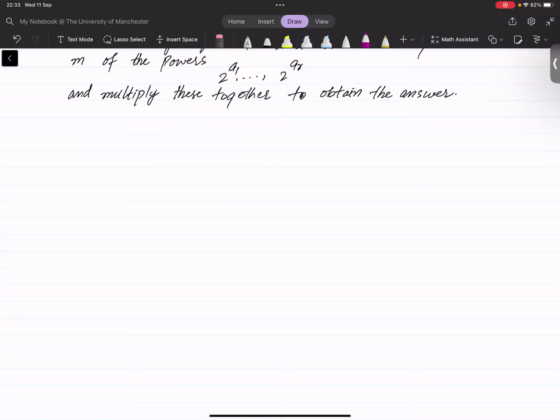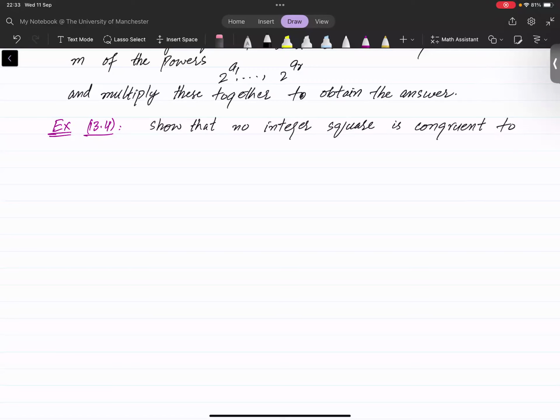So we want to understand best. Example 13.4. And this says, show that no integer square is congruent to 2 modulo 3.